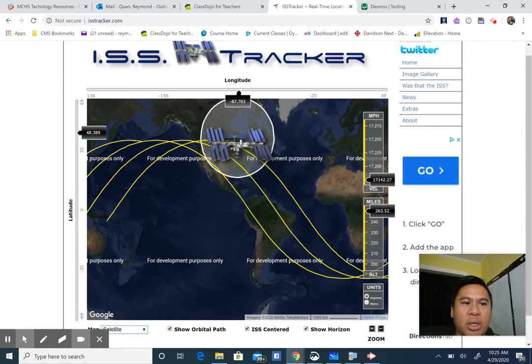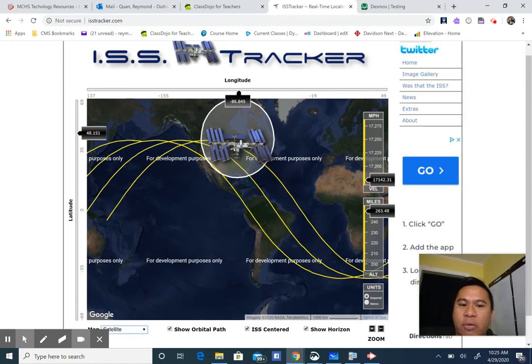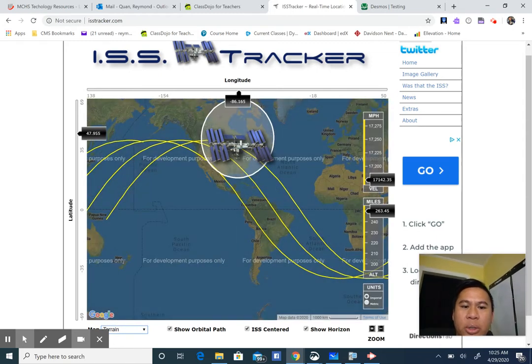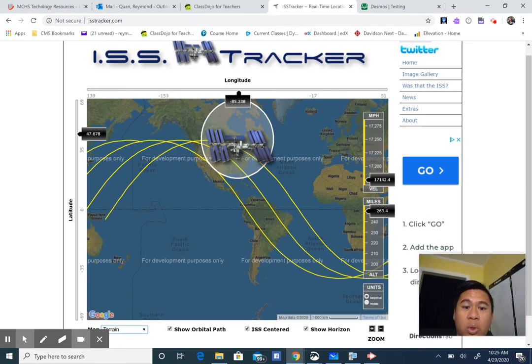So again, you can check this out on our ISS tracker that gives us the real-time location of our International Space Station. You can see it on satellite. We can also see it on our terrain. And as we can see on our terrain right now, our space station is actually in the United States, almost going to the East Coast right now.